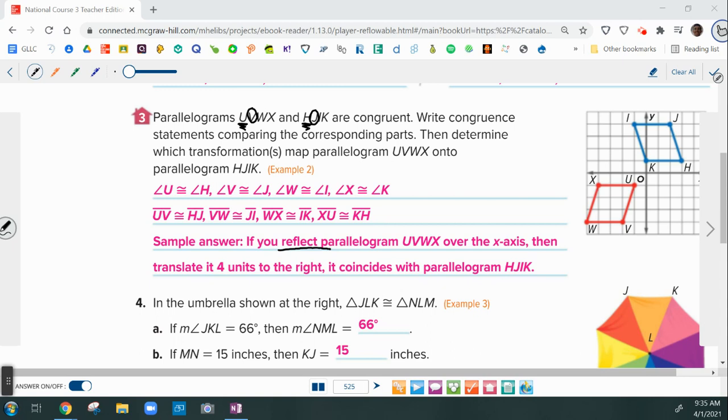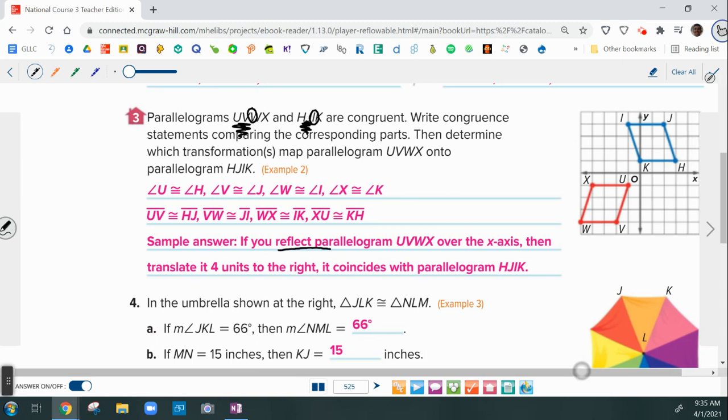A lot of you might have matched up the U and the I, maybe you flipped it over the y-axis like this, and then U was here, and then you slid it up there. But U and I aren't the matching parts, right? U has to match with H. So you have to pay attention to that when you do this.